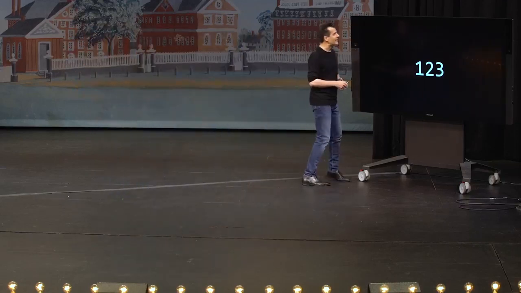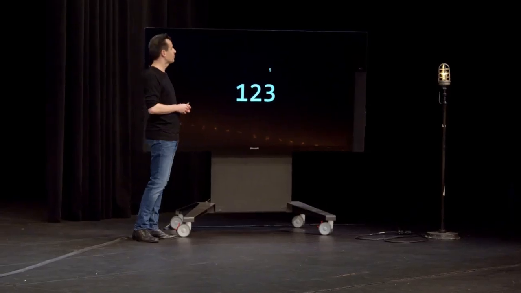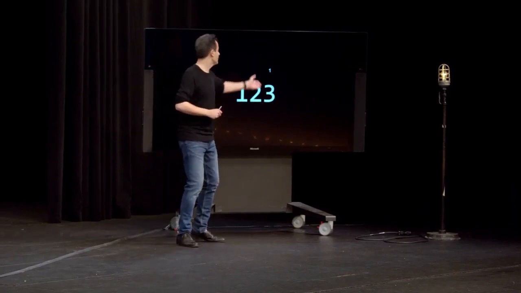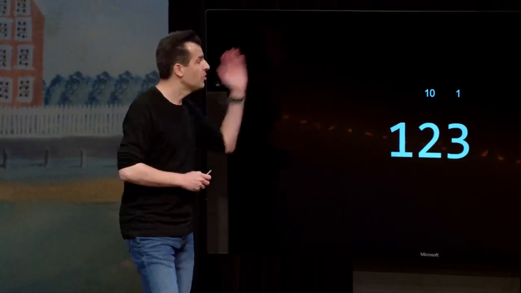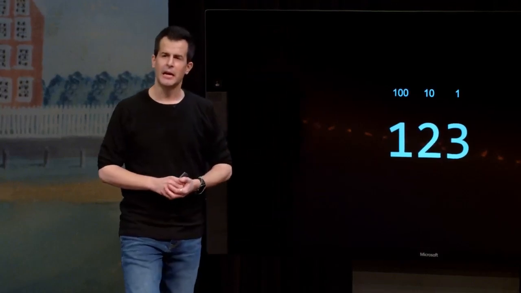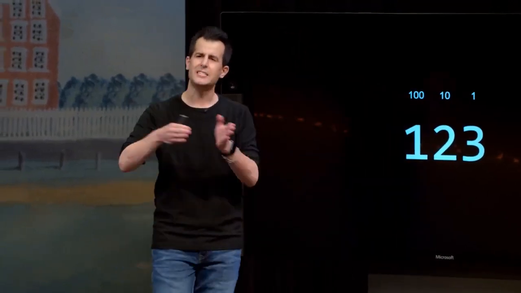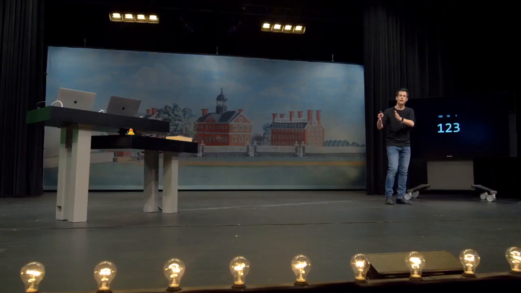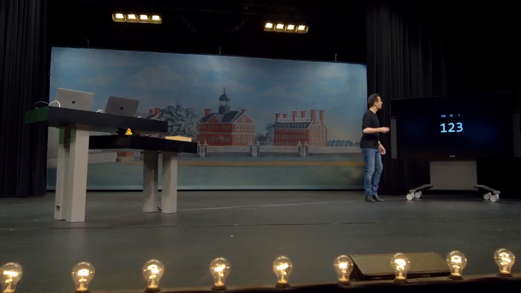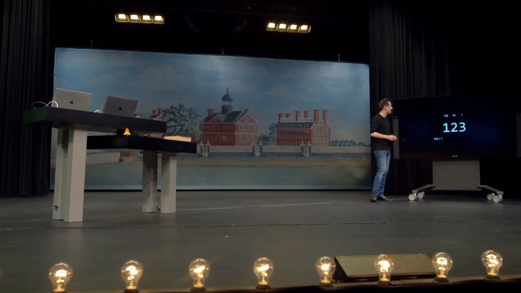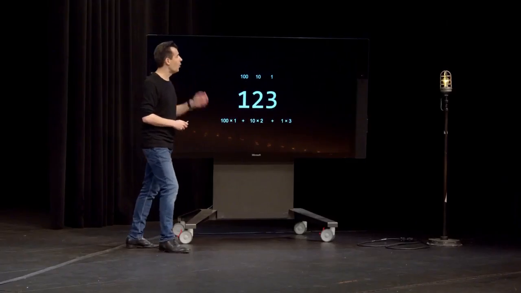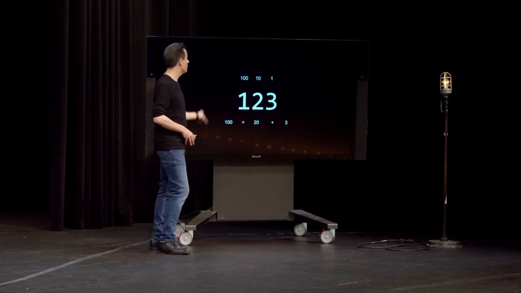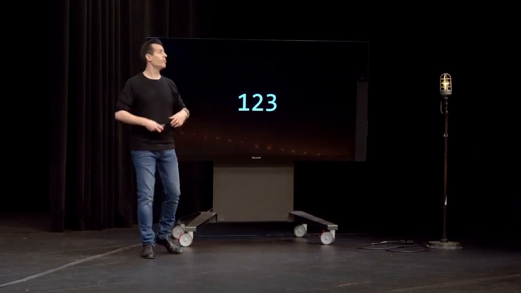Well, let's consider what each of these digits or symbols represents. If you're like me, you grew up learning that the rightmost digit is the ones place, the middle is the tens place, the left one is the hundreds place. And so how do we get from these 3 symbols or digits, 1, 2, 3, to the mathematical idea we know as 123? Well, all of us instantaneously these days did 100 times 1 plus 10 times 2 plus 1 times 3, which of course is just 100 plus 20 plus 3, or the mathematical value we all know as 123.